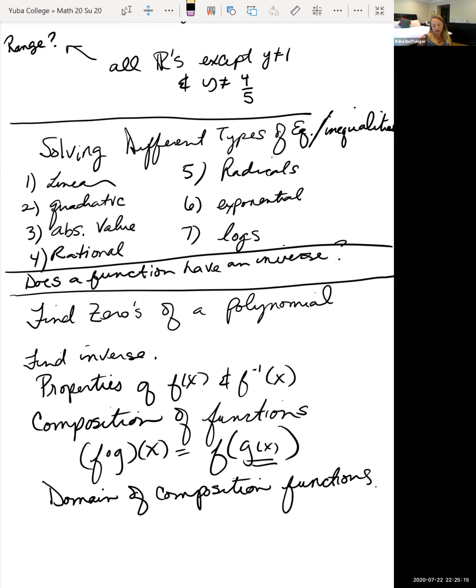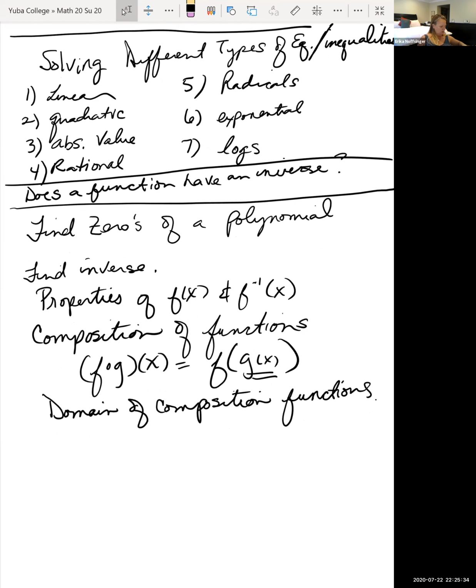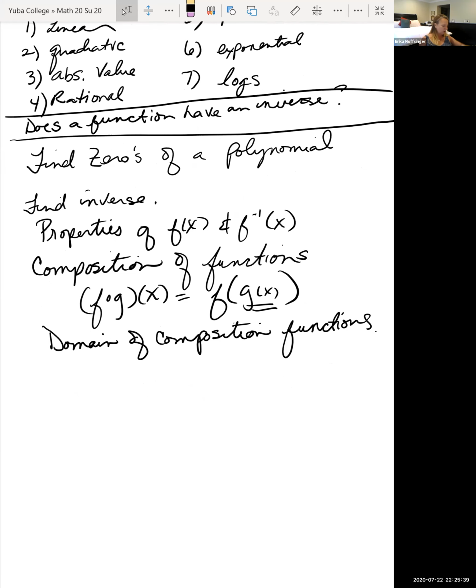And so once we found the values that made it undefined for f of x, we had to set g of x equal to that and figure out what the x values were and exclude those. Okay. That came to mind while I was looking for a problem for finding zeros. Let me say it before I forgot.